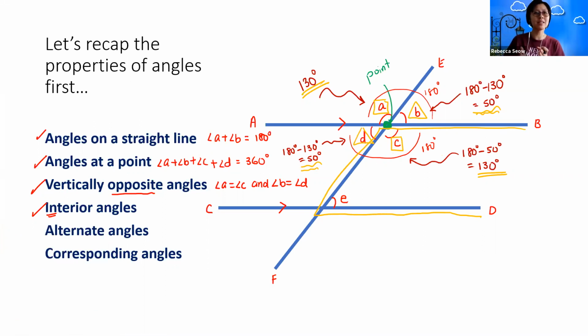And the pair of parallel lines will be AB and CD. Now, the two angles there, C and E, actually add up to 180 degrees.